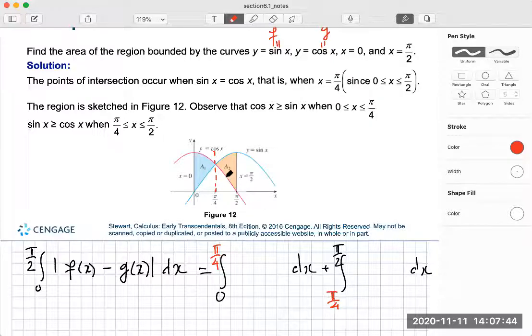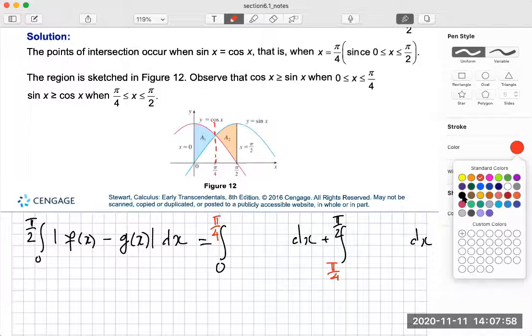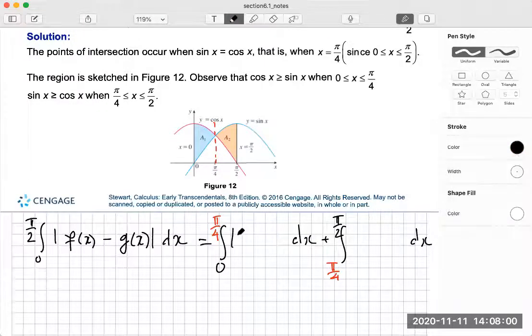Okay. Are we good? Okay, and then here, the integrand is the absolute value of f minus g, the same thing, f of x minus g of x.